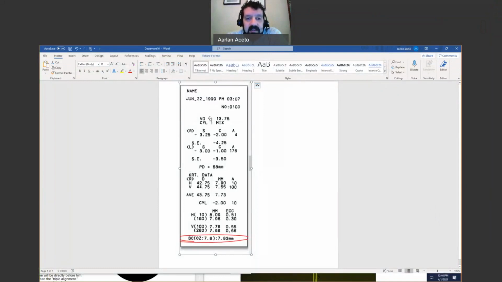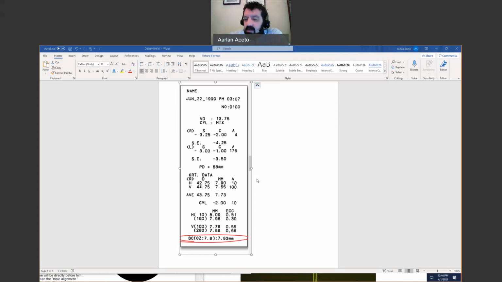The VD is the vertex distance. Do you remember? We've been talking about vertexing a prescription in eyeglasses. You'll consider vertexing any pair of glasses that's over plus or minus 7 diopters. Remember, in contact lenses, once we start getting over plus or minus 4, because we're changing the vertex distance from where the spectacle lens was to where the contact lens is, it makes more of a difference.